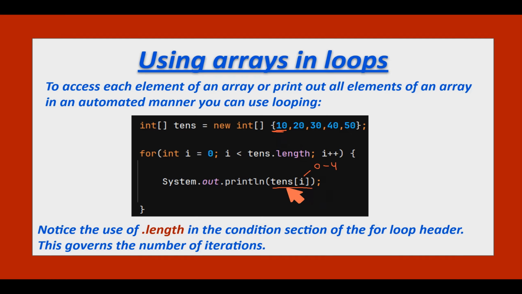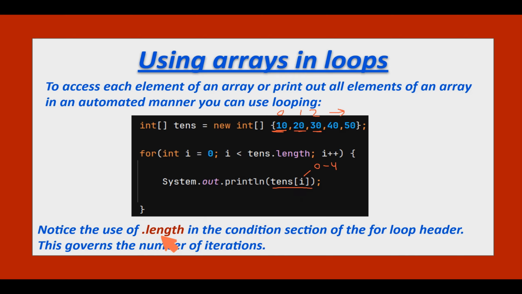On the next turn, it's going to give you tens index 1, which will be the 20. Next turn, tens index 2, which is going to be the 3. As we know, we can go 0, 1, 2, so on and so forth. So i is going to be going up by 1, and it's going to be accessing each element of the array as it moves forward. And that's how it's going to work.